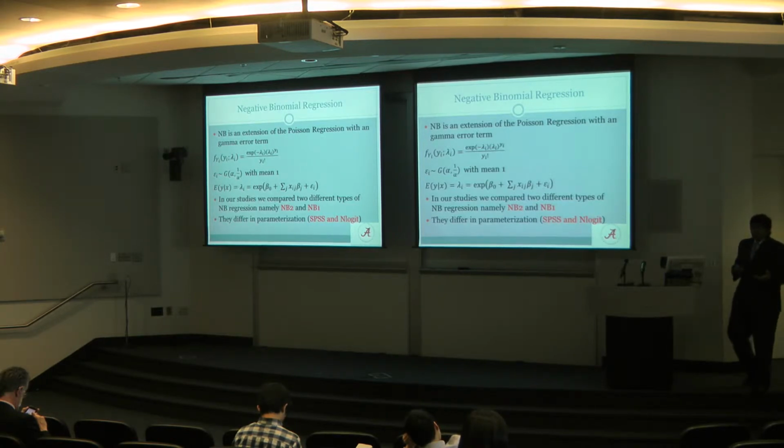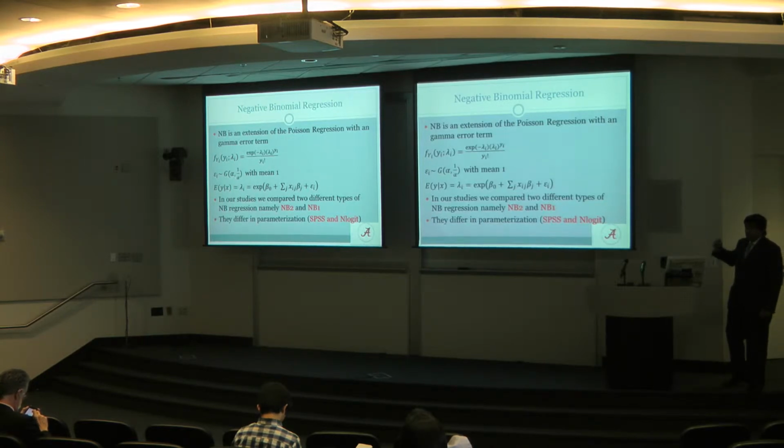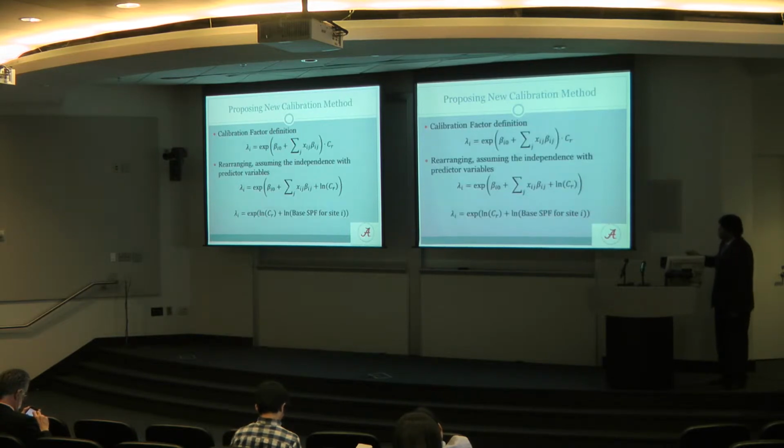For NB2, the variance is a quadratic function of the mean, whereas in NB1, the variance is a linear function of the mean. And we used SPSS and NLogit because those software packages don't do both. So sometimes people don't know what kind of assumptions you have on your variance structure.